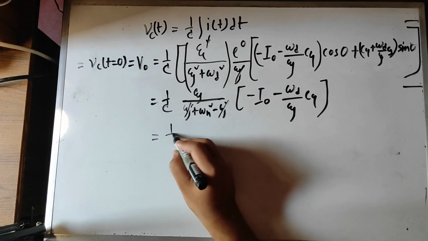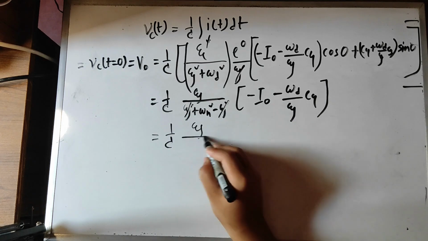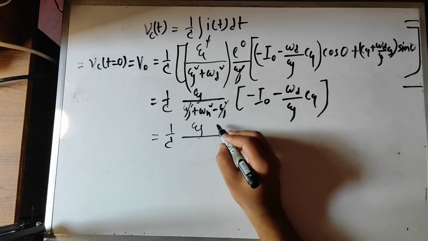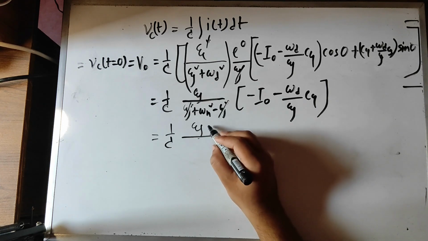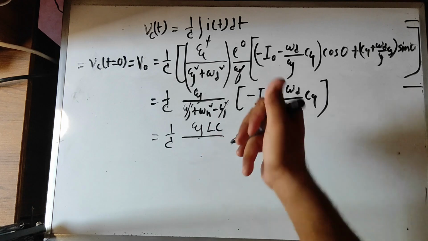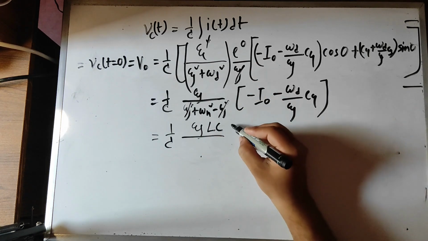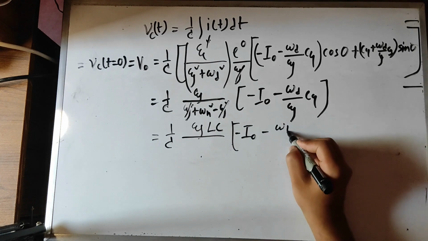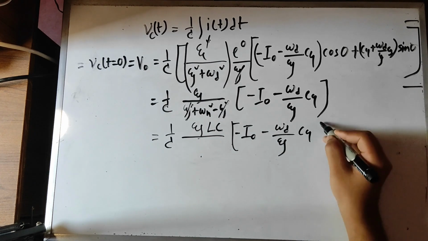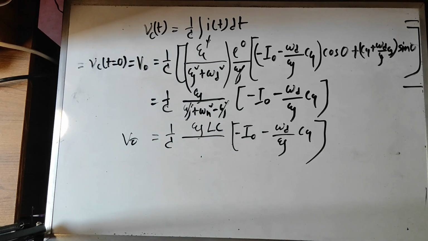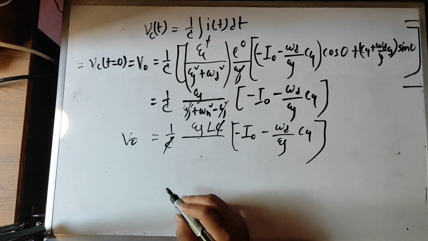And here 1 by C, this is zeta, and 1 by omega_n squared is LC, so 1 by LC will go to the numerator, and I0 minus I0 omega_d zeta C4, which is V0. C and C cut out.